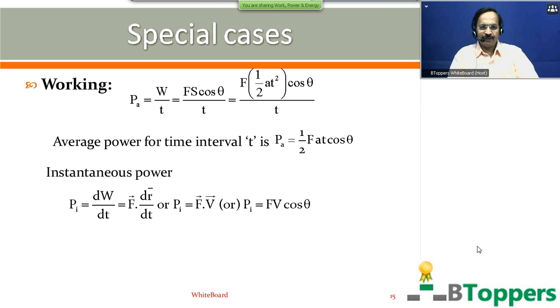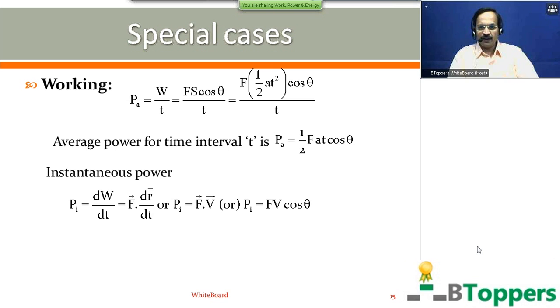Instantaneous power is denoted by P subscript i equal to dW by dt. Here dW is the work done by the agent during the infinitesimally small interval of time dt. So dW can be written as F bar dot dr bar. Here F bar is the force applied by the agent on the body, and dr bar represents the displacement of the body during the infinitesimally small interval of time dt.